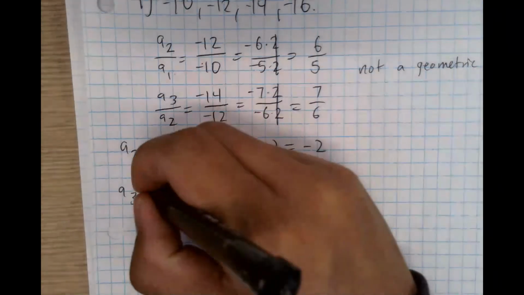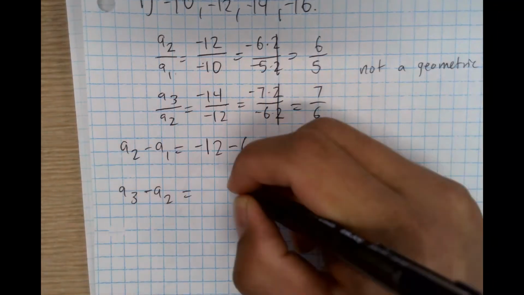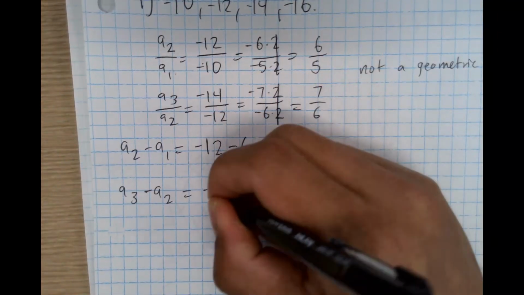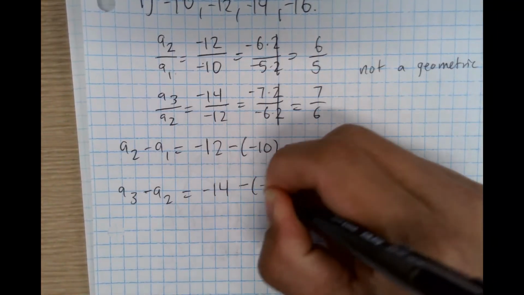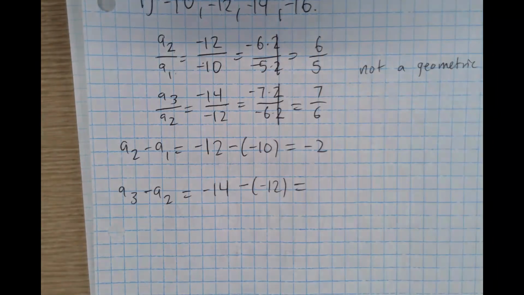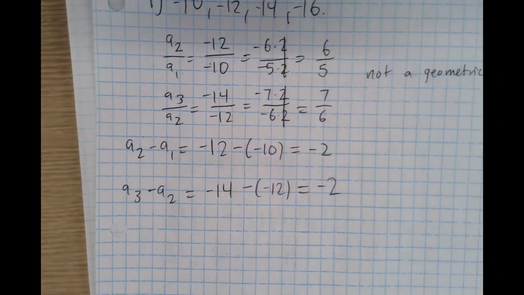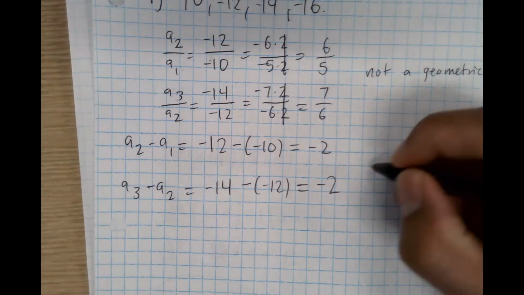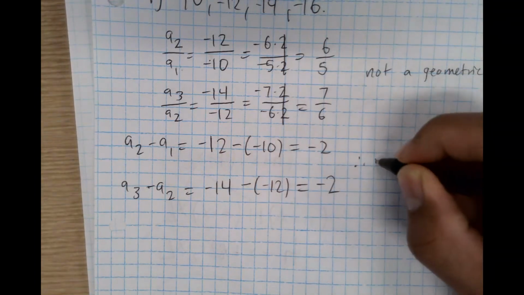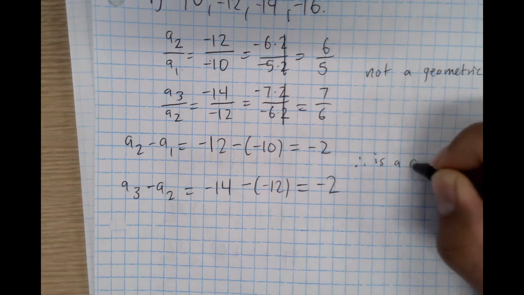A3 minus A2, which is equal to negative 14 minus negative 12, and we get negative 2. So is this an arithmetic series? Yes, because we're subtracting 2 each time, so it is an arithmetic series.